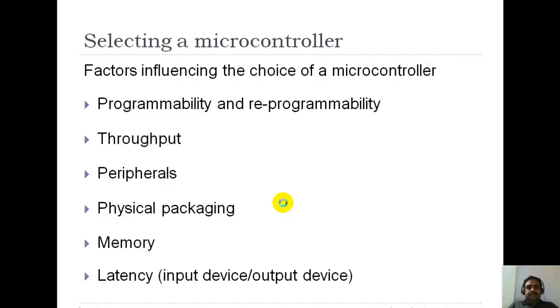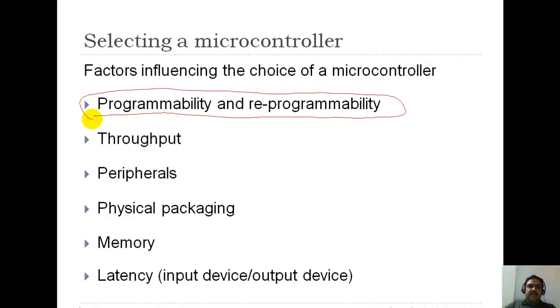Now, what are the parameters that one should look into while selecting a microcontroller? Programmability and reprogrammability. What does it mean? How many times the microcontroller will allow you to program or reprogram itself. For example, the 8031, the ancestor of 8051 or 89C51, can be written only once.